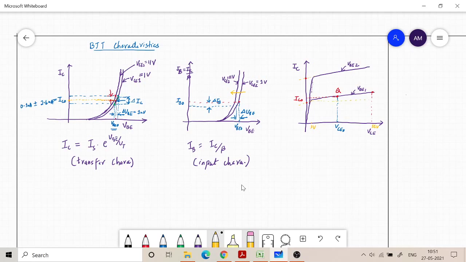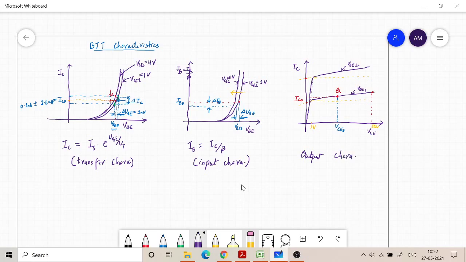There should be no slope. This should be the way the characteristic should look like. It should be horizontally flat lines, which means that IC is independent of VCE. But practically that is not the case. So this is basically our output characteristics: output current versus output voltage.